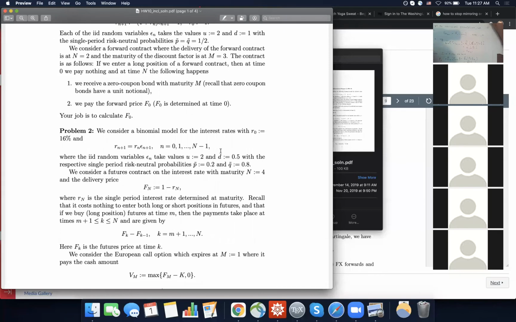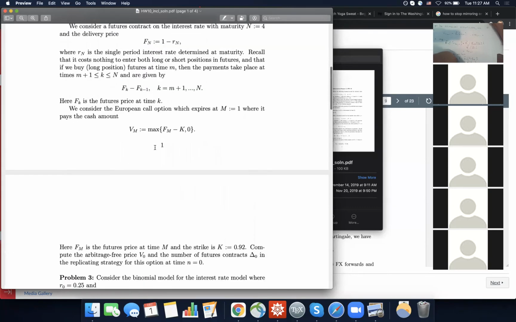Yeah, so here in this question, you'll use that there is a way to compute these forward rates by conditioning. So you can work out what these Fn's are in terms of these epsilons' distribution.